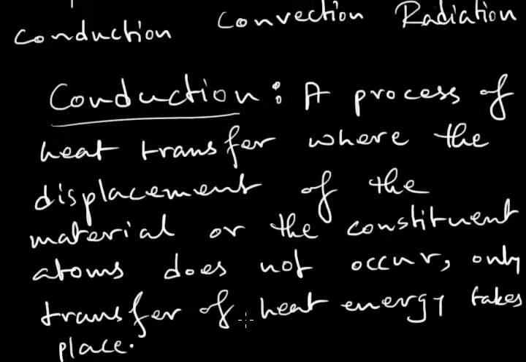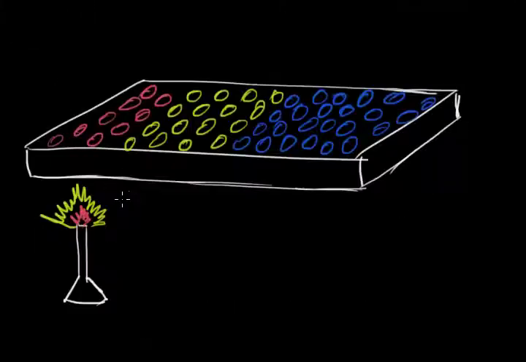Now, let me describe how it happens. This is a solid material, and at one end we are giving some amount of external heat energy to it. So as a result, what happens?